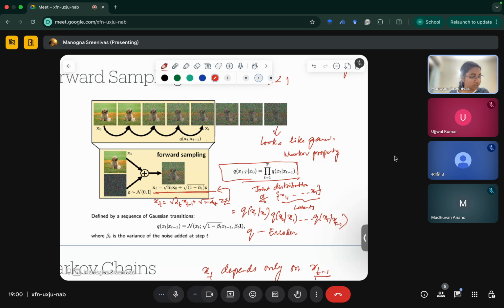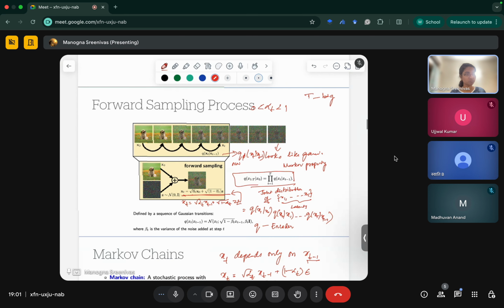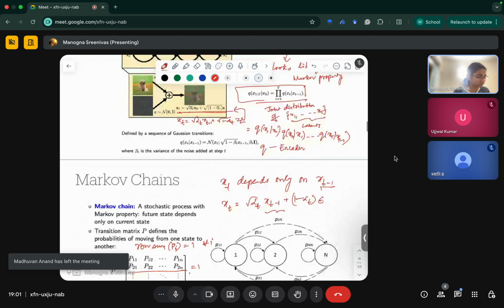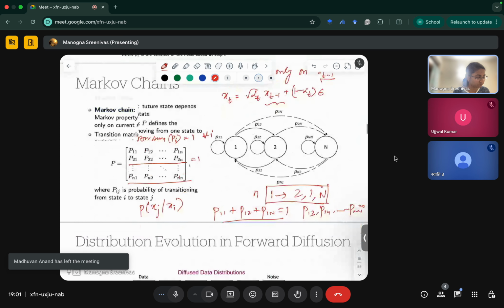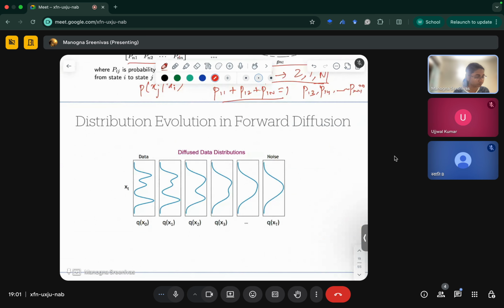So this q is basically modeled as an encoder parameterized by phi, a neural network. So this is how we are modeling the encoder.